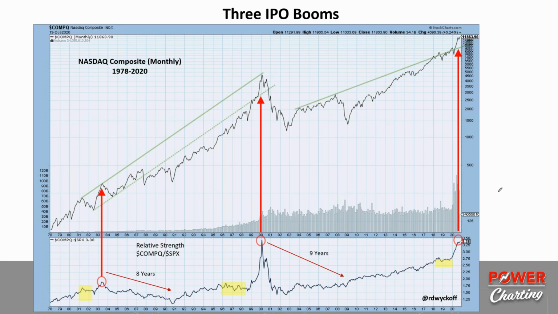Well, generally, when the political environment is such that they're lowering interest rates, lowering tax rates, that tends to ultimately benefit more value stocks and dividend producing stocks.